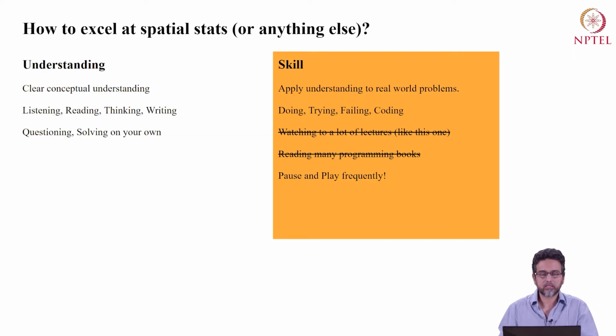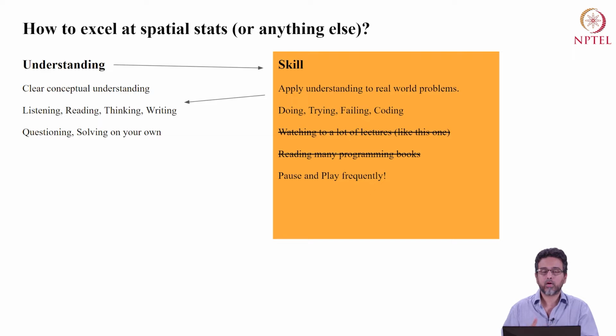We're focusing in these sessions on gaining the programming skills needed to perform spatial statistics and spatial econometric operations in R. But programming skills are founded on clear conceptual understanding, and the two are involved in a kind of circular relationship. If you clearly understand the theory, then it should be easy for you to program.